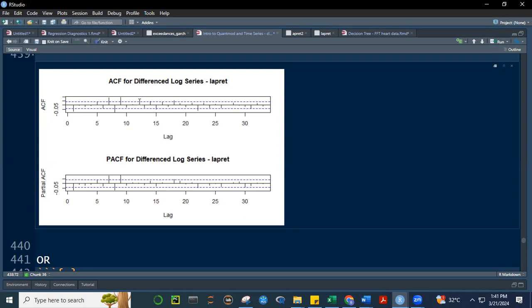And then you can see here the blue dotted lines. Any spikes outside of this blue dotted line means there is a significant correlation. For example, ito class, this is 1. Lumabas siya ng blue line na to. Ibig sabihin nun, may significant correlation yung LAPL ret natin sa lag 1 at saka yung sa original data na log ALPL ret.